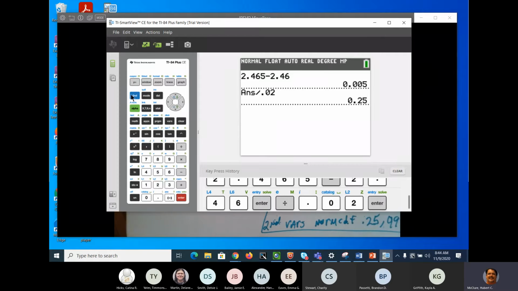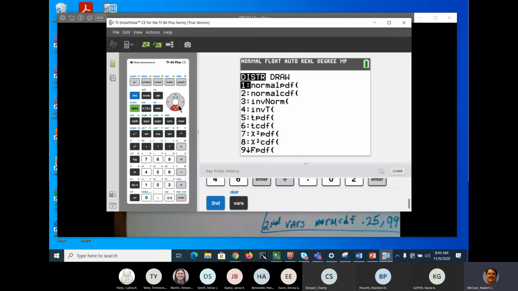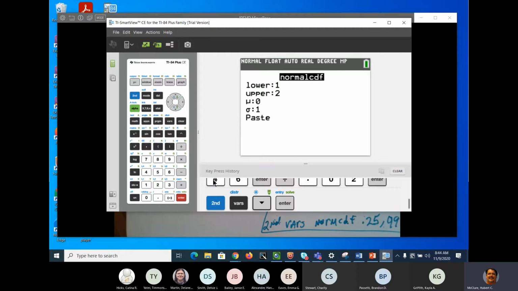Second vars, normal CDF. And of course, if you've got a newer calculator, you would type in 2.46 for the mean and 0.02 for the standard deviation.